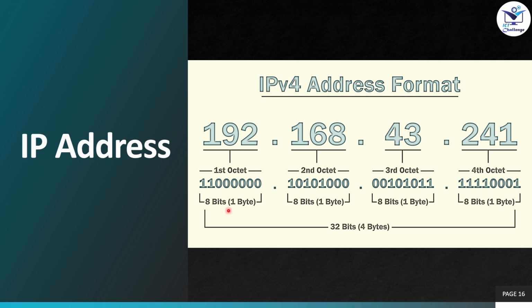So here, 192.168.43.241, this is a decimal notation, you can say. Like if you search www.facebook.com, here we write facebook.com in our language, but the computer will convert this word to binary, like this kind of binary.